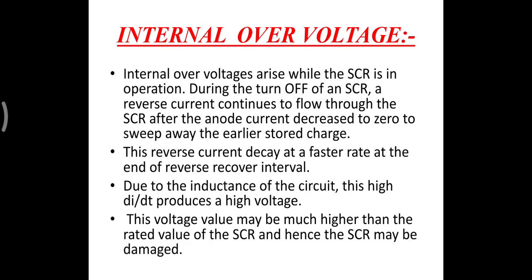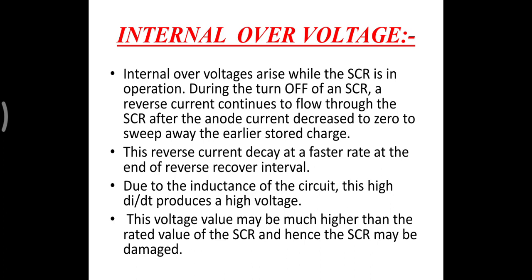Let us see internal over voltage. How can we get this internal over voltage? During the turn off process of the SCR, a reverse current flows through the SCR after the anode current decreases to 0, to sweep the stored charge.